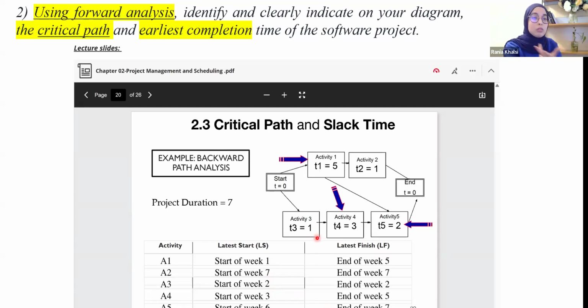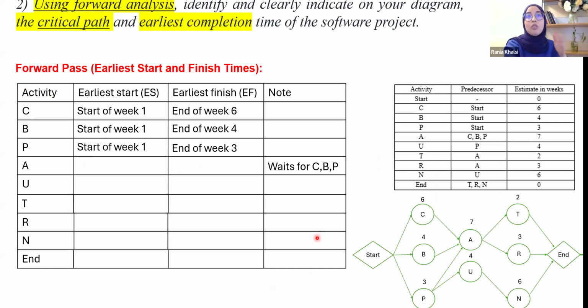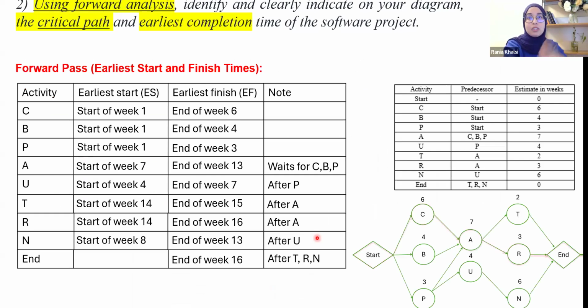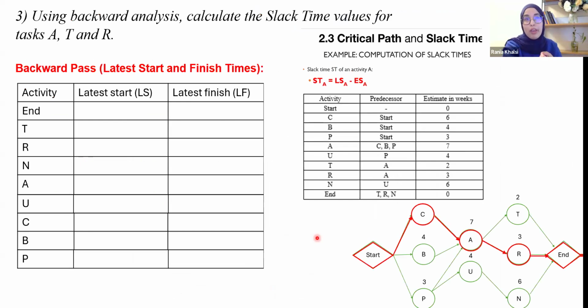So you probably didn't concentrate on that. Now I am going to make it clear that we start not like the forward pass, from the very beginning, the first activity, up to the end. Now we start from the end to the start, okay?